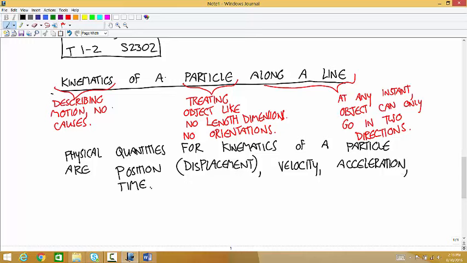Okay, so all of the kinematic calculations we're going to do involve position, displacement, velocity, acceleration, and time.